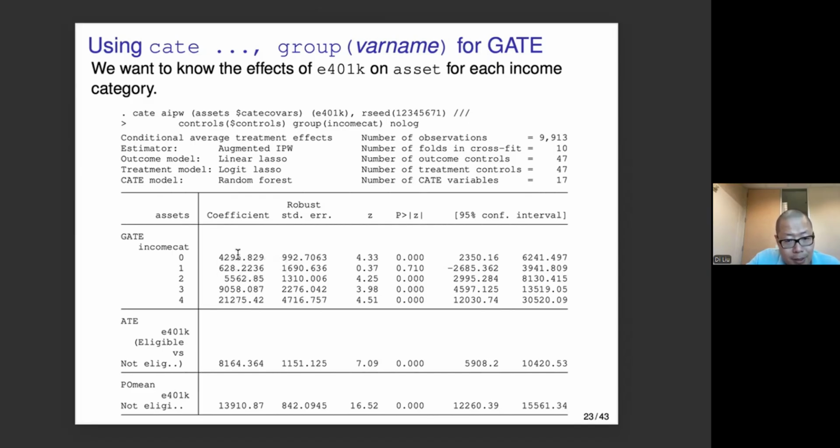As you see, except for the second group, the more income you have, the bigger the effect of e401k on assets. So this is basically the trend.